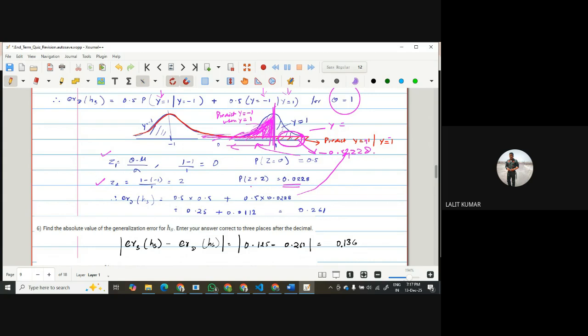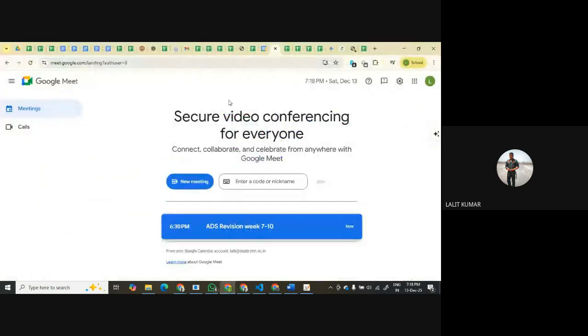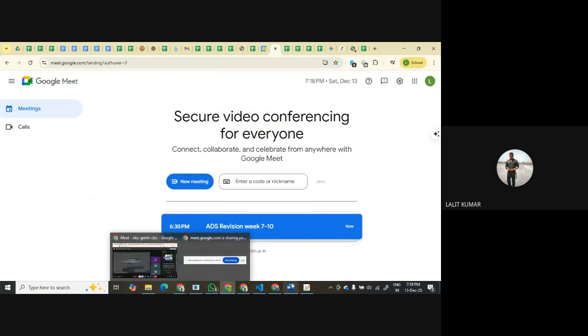Then using the formula, we got 0.261. So this is the test error of h_S, the model which you trained, on the test data set, just to make the concept clear. Is that clear with everyone? Yeah. Okay.